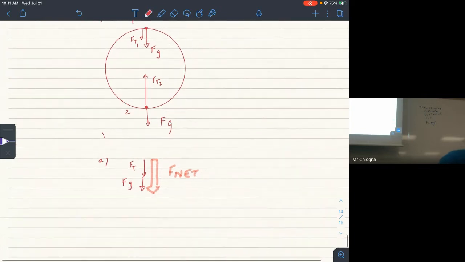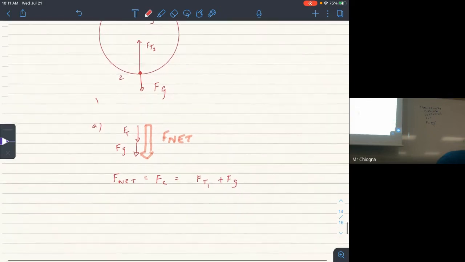Okay. What's it equal to? What's my F net equal to? My F net is my FC. Same thing. FC is just a special type of net force. It's equal to, just add them up. Okay, so that's my centripetal force.